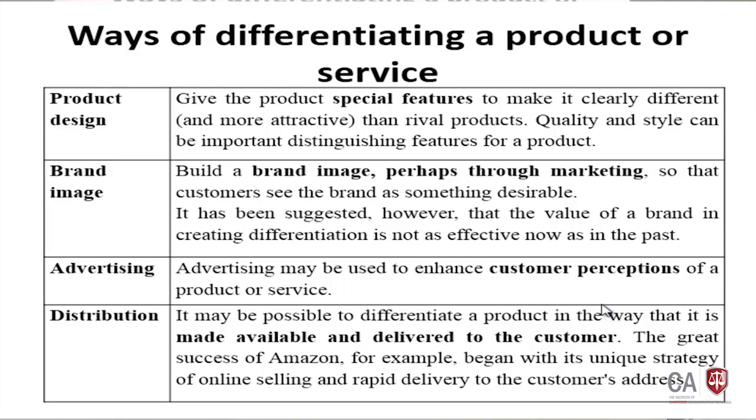Then advertising: through advertising you try to differentiate your product from the other products in the marketplace. Distribution: through the distribution method, you try to differentiate your product. For example, online distribution and online purchasing, which others do not have, but you introduce it to the marketplace.